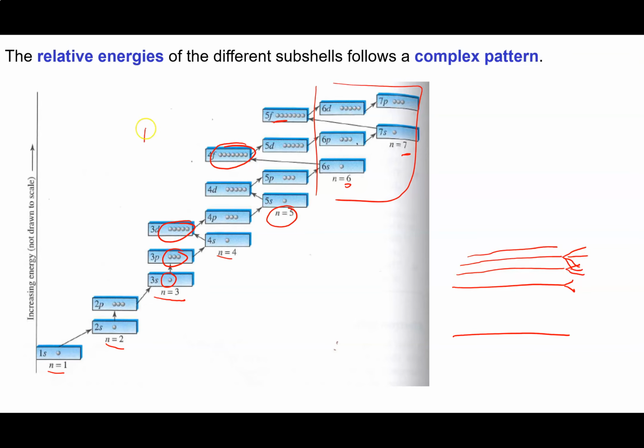You can see this happening for the first time between the n equals 3 and the n equals 4 subshell. So it would be really hard to memorize the order of energies of the subshells, because it's just so complicated. But fortunately, there's a little trick to get around this.